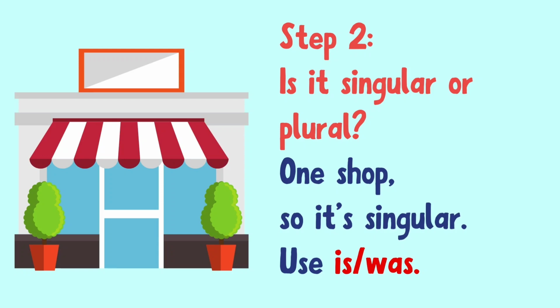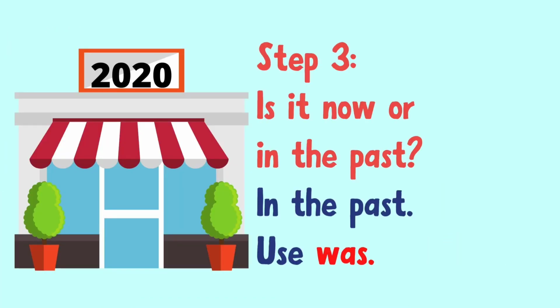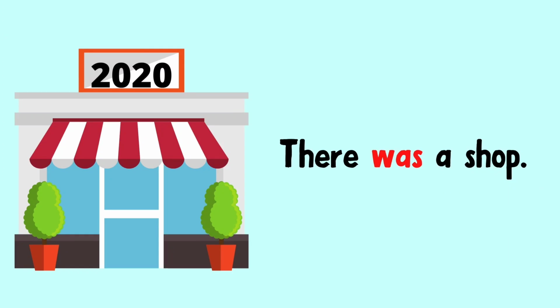So we use is or was. And then you ask yourself, is it now or in the past? Okay, you see it's 2020, so it's in the past. So you use was. And your sentence is, there was a shop. Very simple.